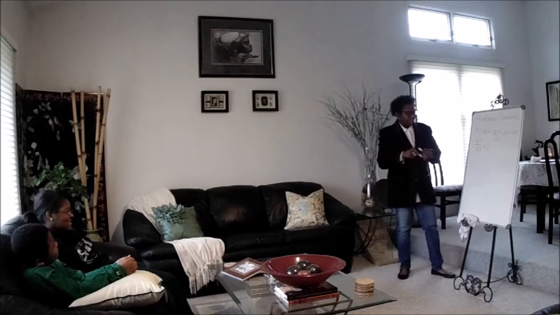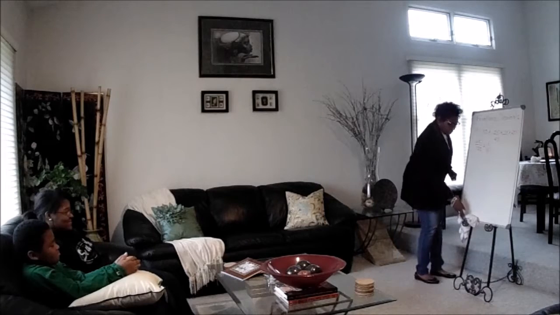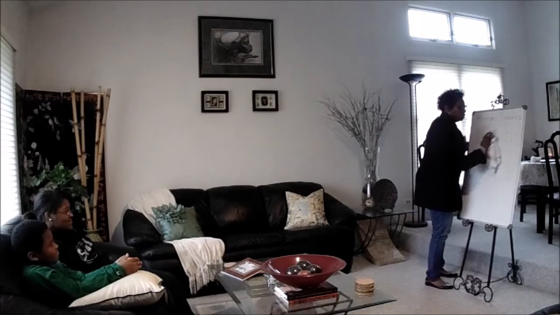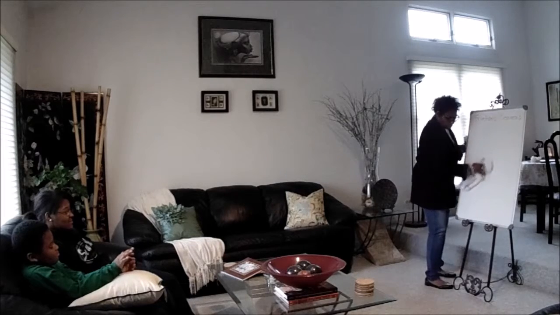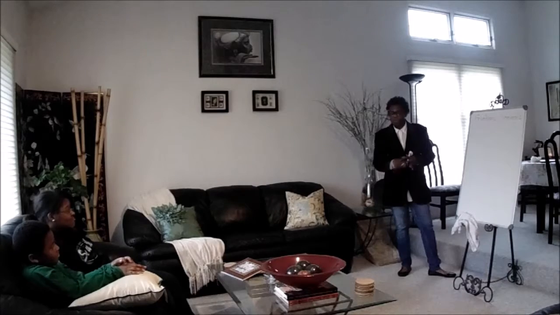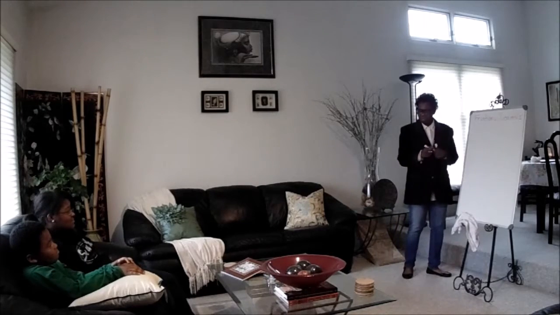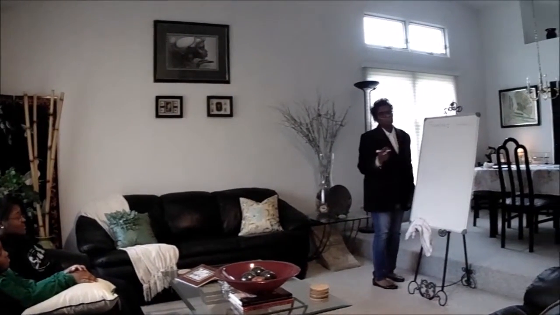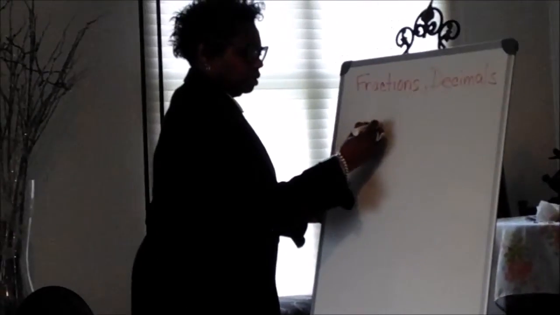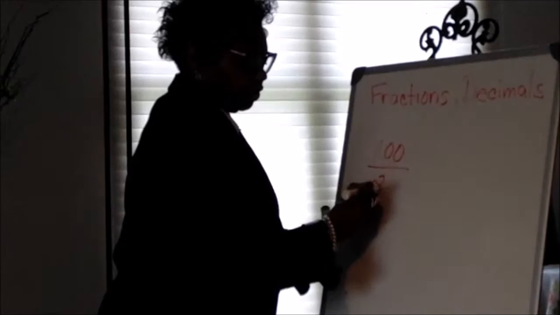Okay. Now, let's talk about also, so fractions are decimals, decimals are fractions. You agree? Okay, now how do we get whole numbers? Let's just say, for instance, I have 100 over 25. So now, I'm taking 100 and dividing it by 25.